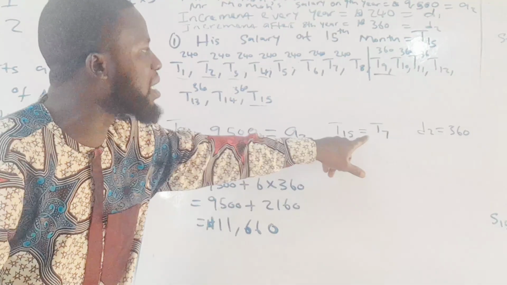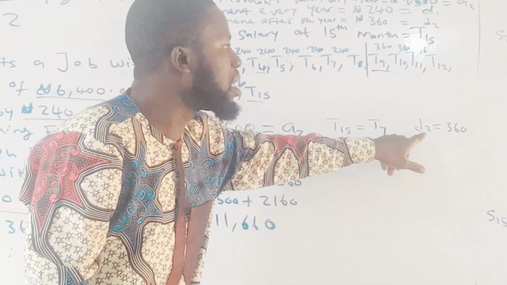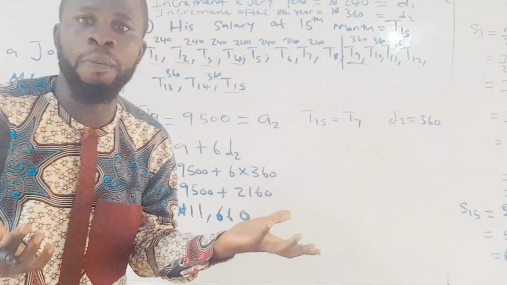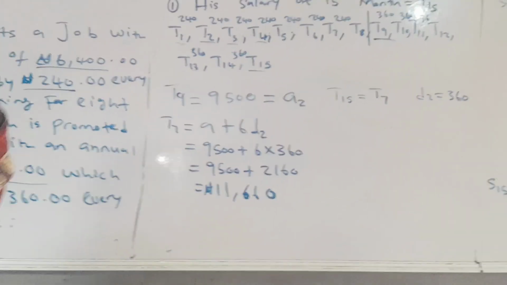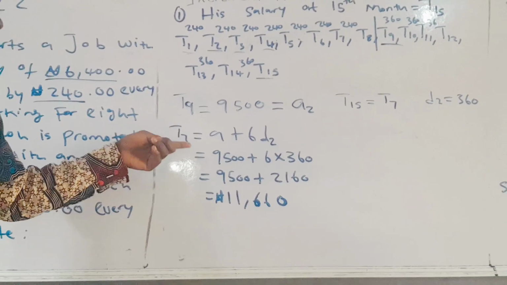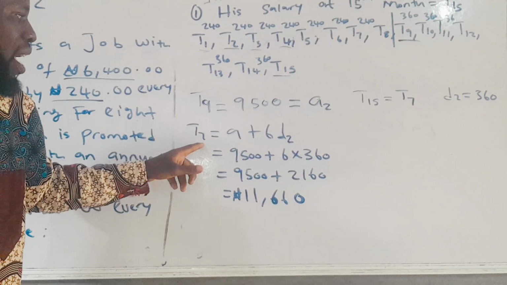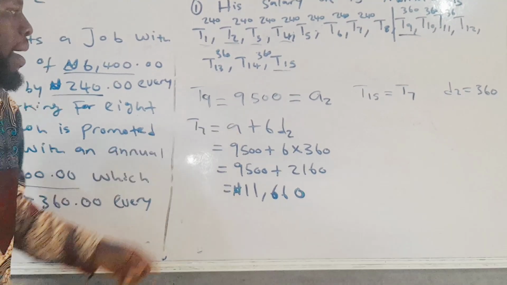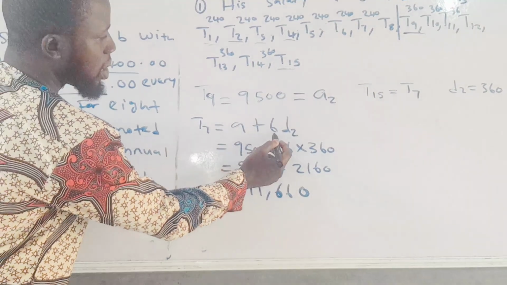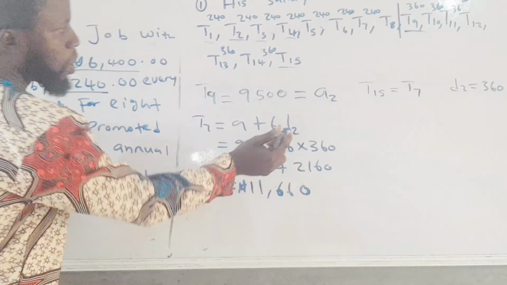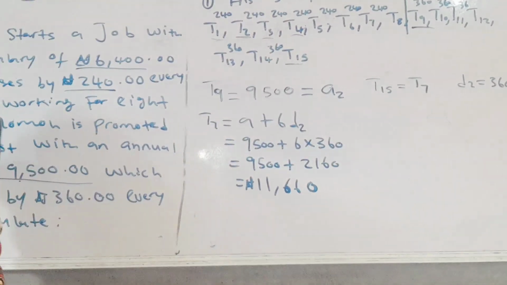That's why I said T15 is now going to be equal to T7, and your D2, which is your common difference, is 360 naira. From the formula that I gave you, if you want to find T7, that's going to be A plus n minus 1 D. So n is 7, that will be A plus, in bracket, 7 minus 1, which will give us 6D2, because we are making use of this second difference.